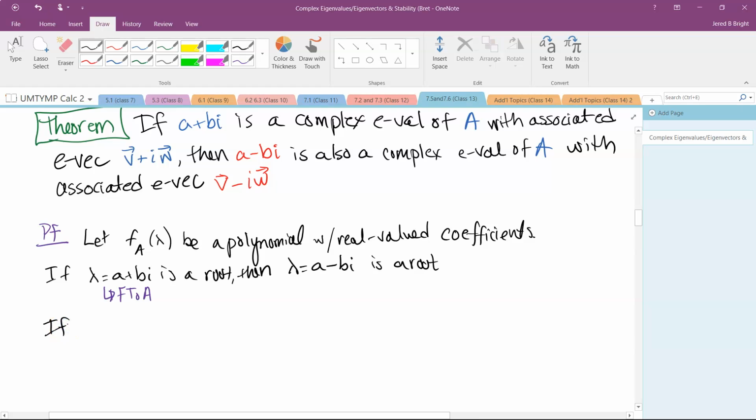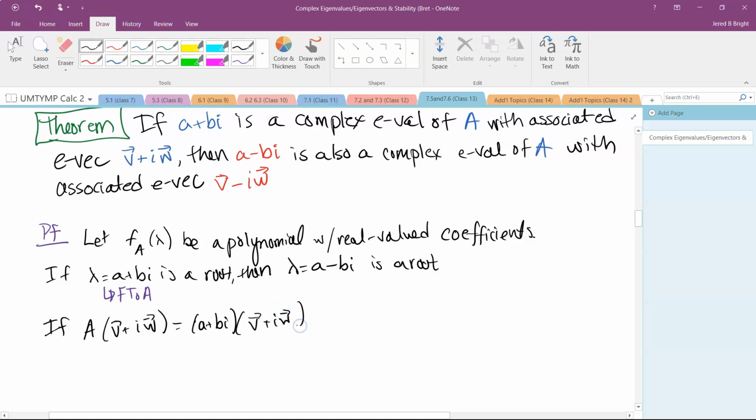And now if we look at the associated eigenvector, so this would be A of v plus iw, and we have to remember the definition of eigenvector and eigenvalue. So A times v plus iw equals a plus bi times v plus iw.